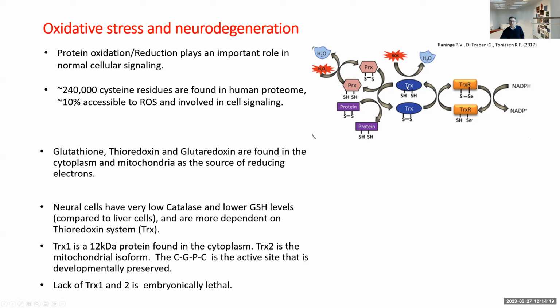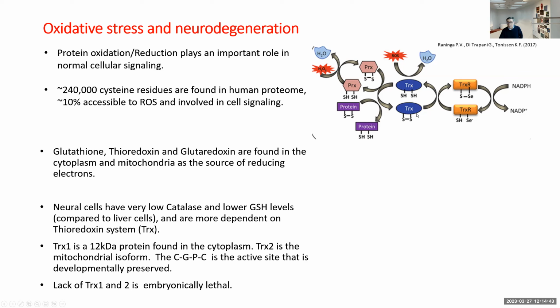Thioredoxin is also very important for peroxiredoxins. Peroxiredoxins are important for regulating the hydrogen peroxide level, and a lot of signaling and kinase activation is controlled by peroxiredoxin. All of these systems will be affected when thioredoxin is oxidized.